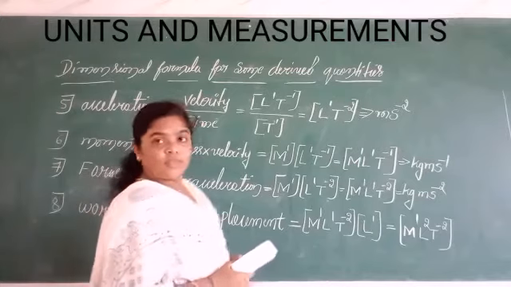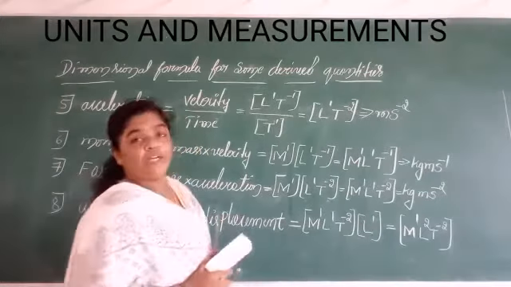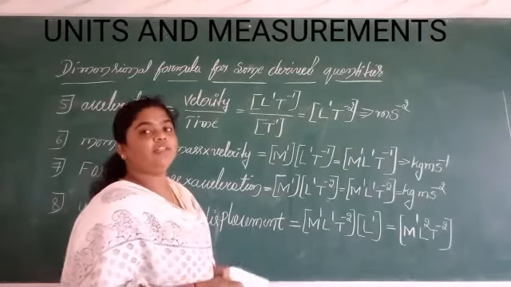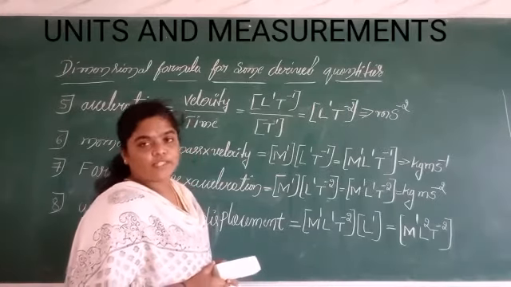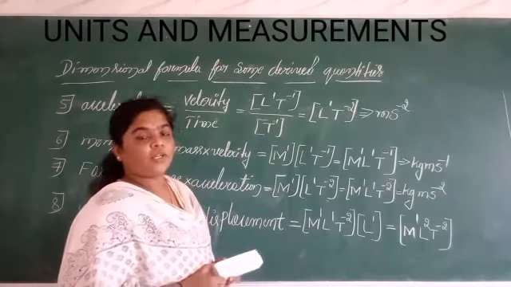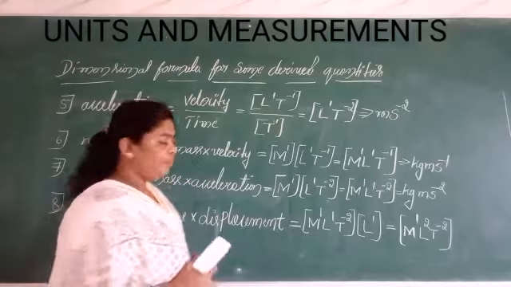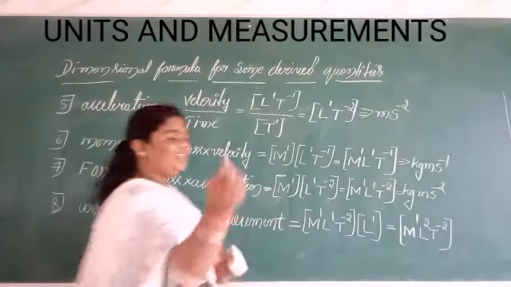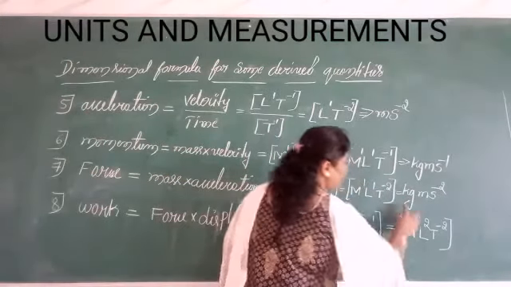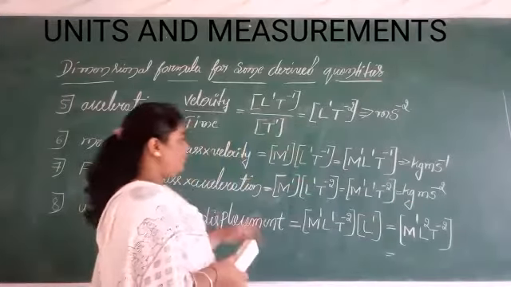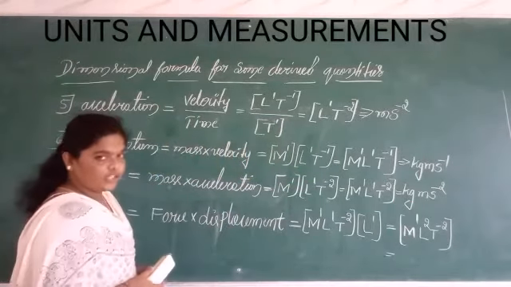And what is the unit for work? Some derived physical quantities are expressed with scientist names. So the unit of work is joule. Force has Newton, work has joule.